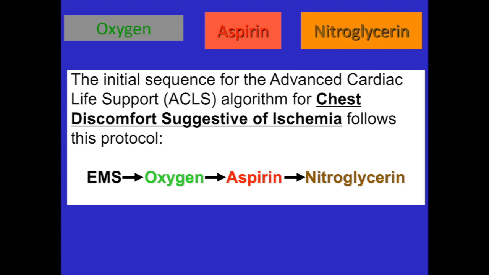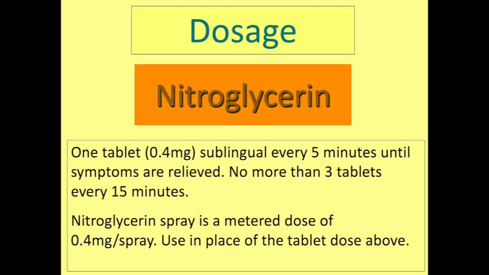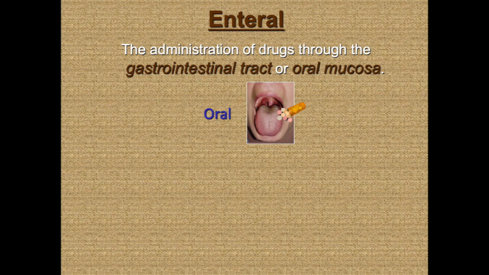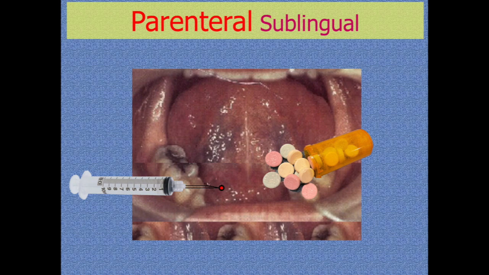Call EMS, apply oxygen, give the aspirin, the baby aspirin, have them chew it, and then they can also swallow an aspirin, and then nitroglycerin underneath the tongue. You can see the dosages there. Either swallow the pill, chew the pill, it goes down into the stomach and it's absorbed, or it can be given underneath the tongue.